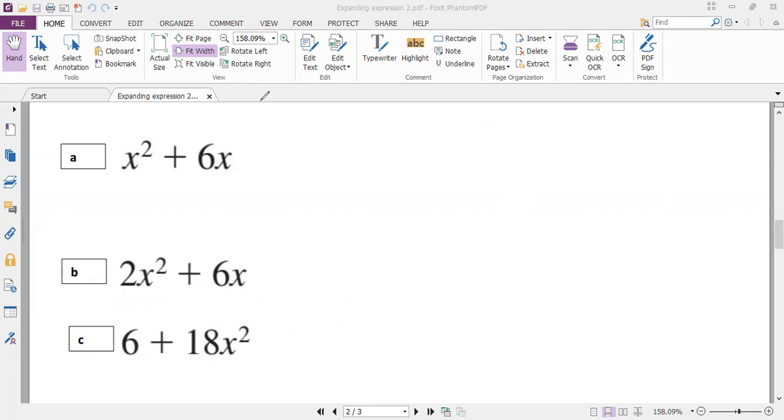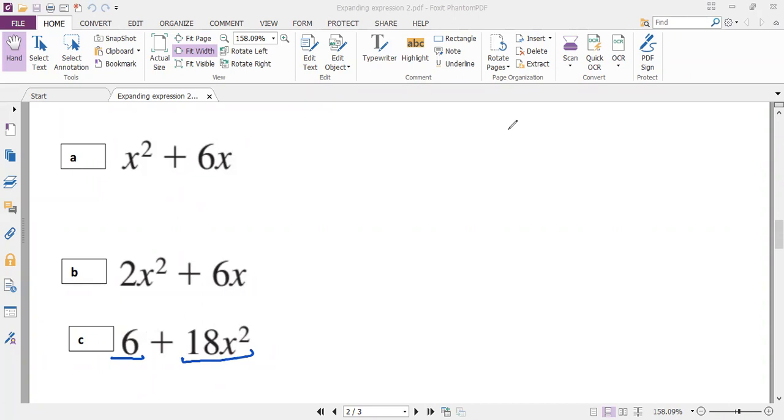Let's go to the next one. The first term is 6, and the second term is 18x squared. You know, 6 and 18 are divisible by 6, the highest number. I know that 6 and 18 are divisible by 2, and also by 3. Yes, I know.